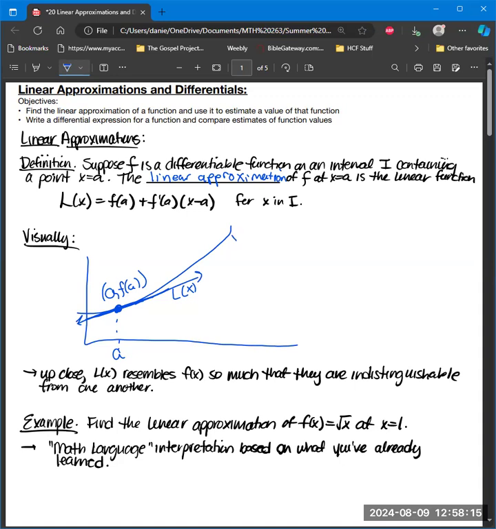This function here is y equals f of x. And so we're going to then have an actual x value over here that we're interested in that's close to a.